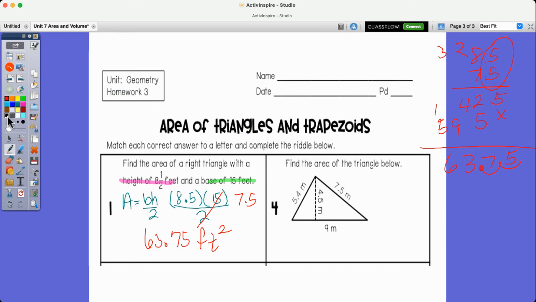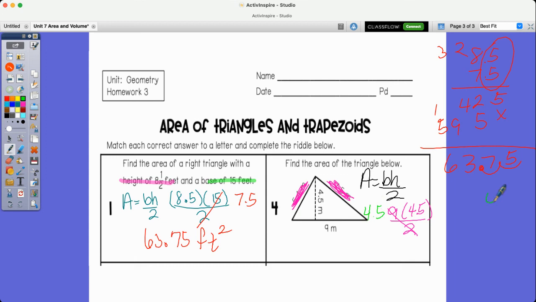Okay, this one they are trying to trick you. Look at all those numbers they gave you. Area equals base times height divided by 2. We do not like those slants. So these numbers we do not use. So once again, we're going to plug in my base times my height divided by 2. 9 divided by 2 is 4.5.